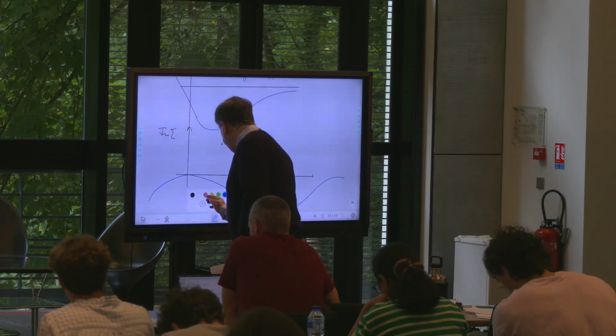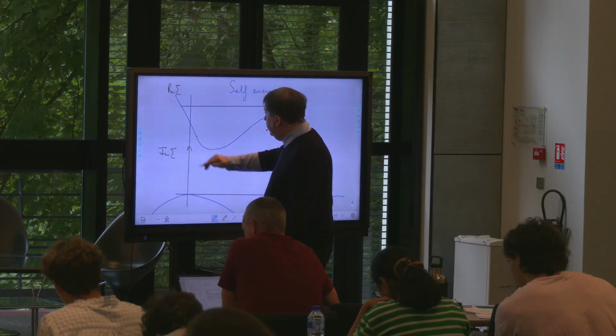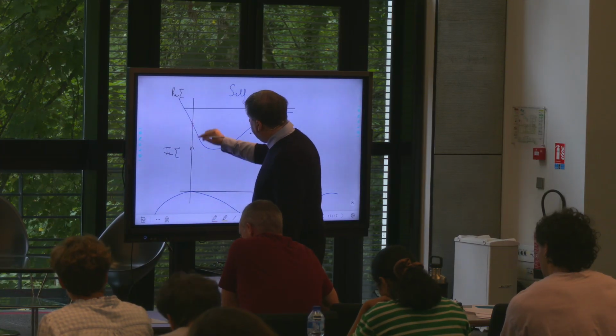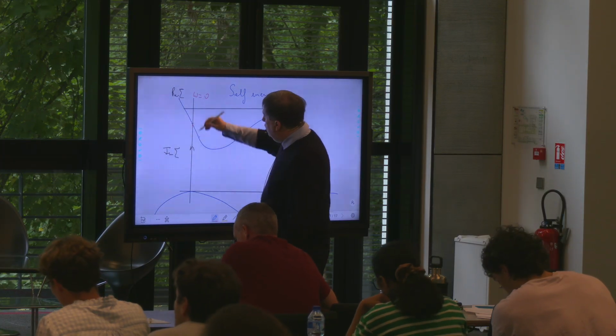In the real part of the self-energy, close to omega equals 0, you will have the slope.